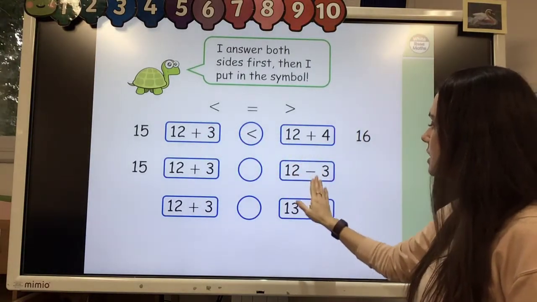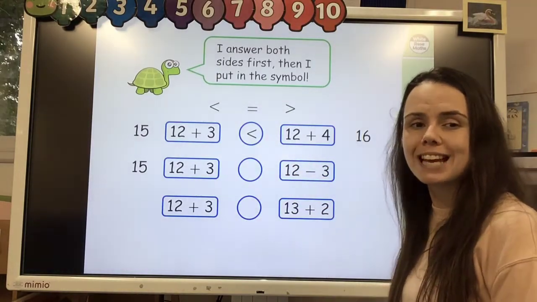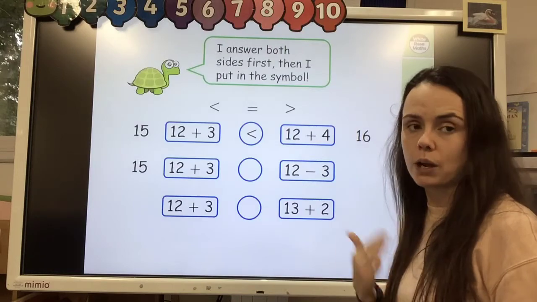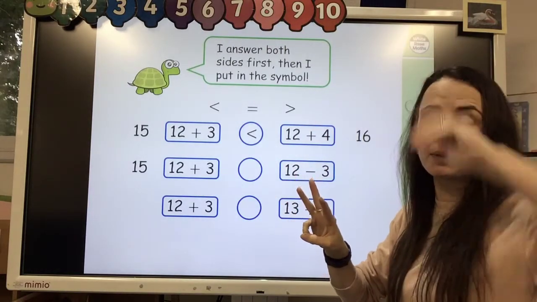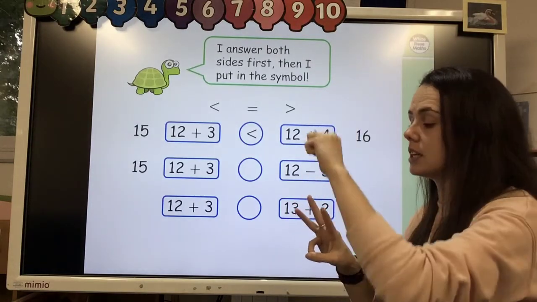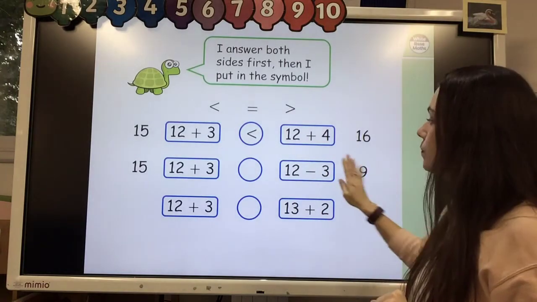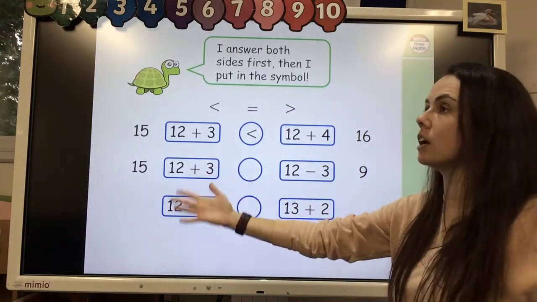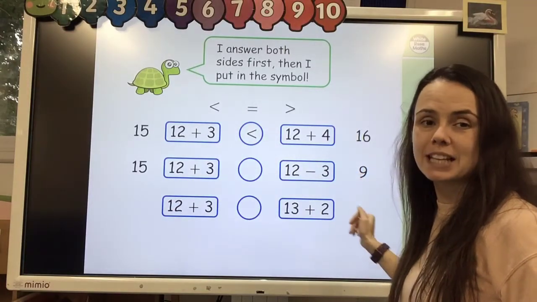So this side is 12 take away 3. So that's going backwards. So I'm going to put 12 in my head. Hold up 3 again, but this time I'm counting backwards. So 12, 11, 10, 9. So the answer this side is 9. 15, is it bigger or smaller than 9? It's bigger than, well done.